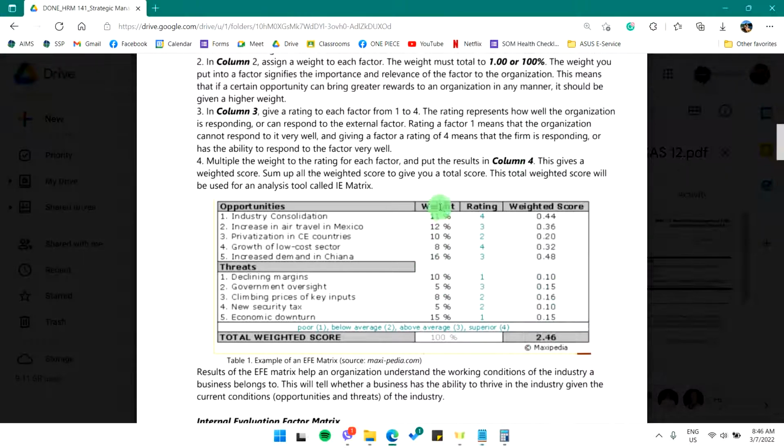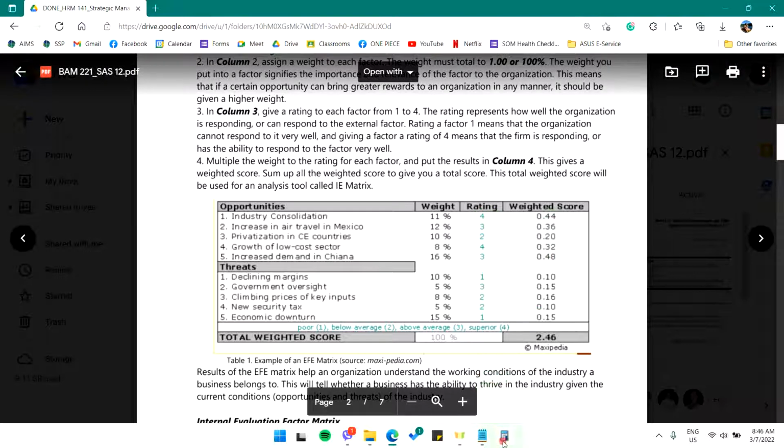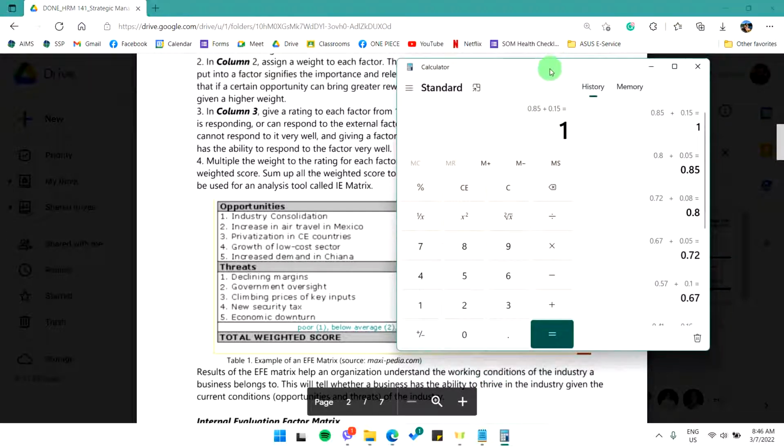Kasi i-convert din natin siya lahat sa decimal values nila dahil nga magkakaroon tayo ng pag-multiply. So, 11% times 4 is equal to 0.44. Tingnan natin. 11% is 0.11. Tandaan, diba? Moving 2 decimal points to the left if we will convert it into decimal.